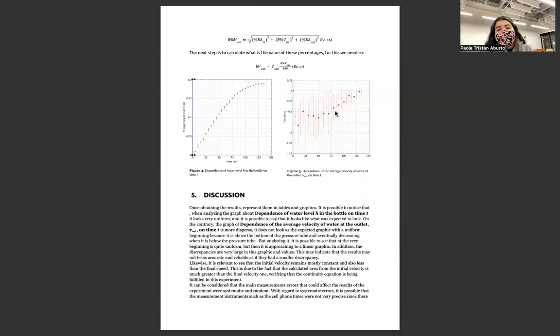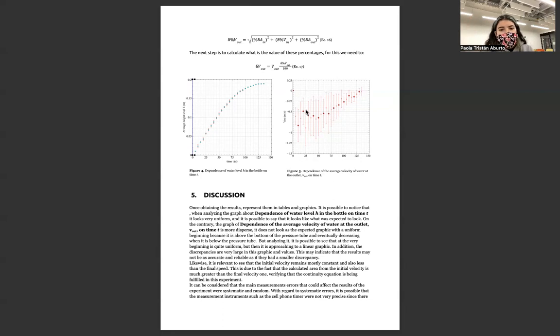On the contrary, figure 5 is more dispersed, and it doesn't look like the expected graphic with a uniform beginning, because it is above the bottom of the pressure tube, and eventually it decreases the velocity when it's below the pressure tube.